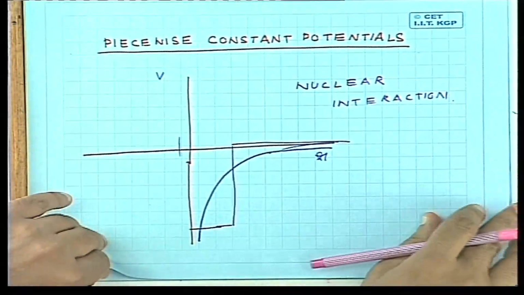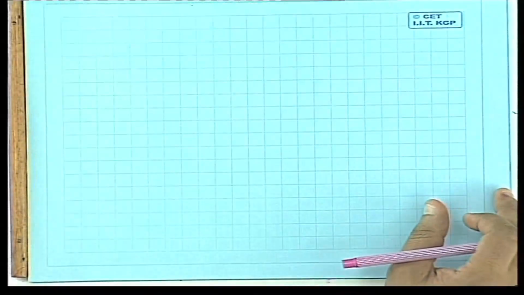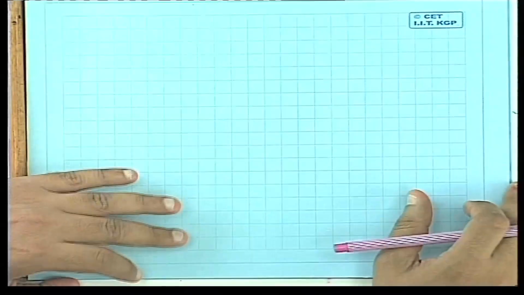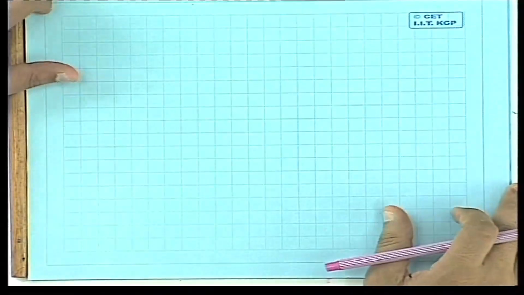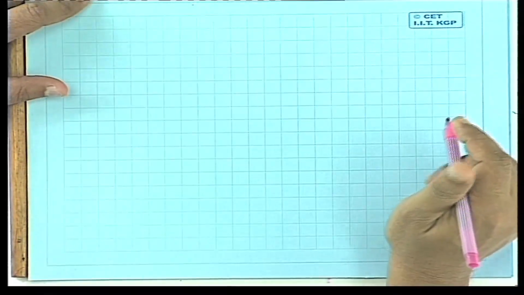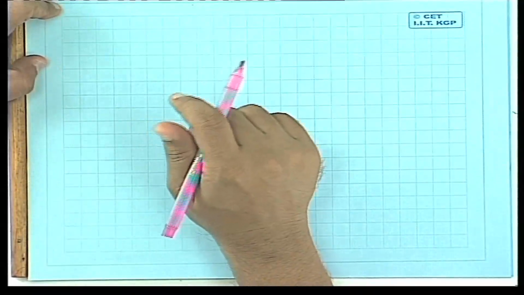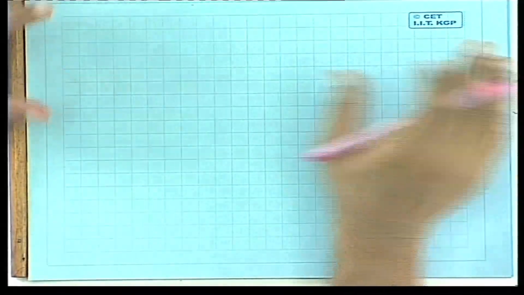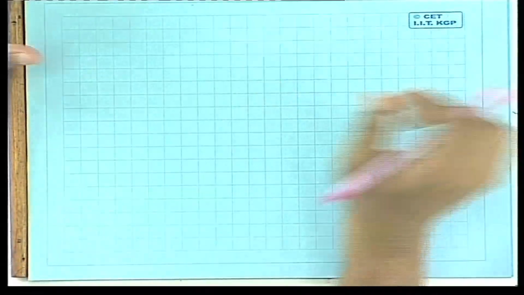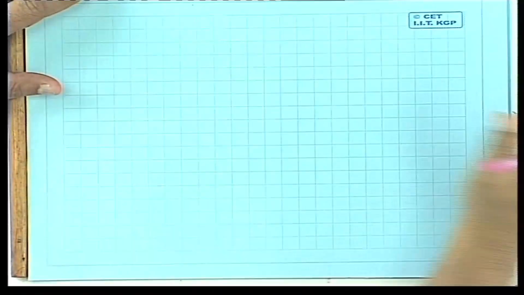Let me give you one more example of a piecewise constant potential where it is useful. Let us consider a solid, say a metal. In a solid piece of metal, the outermost electrons are free to move around in the metal, leaving behind some positive part.